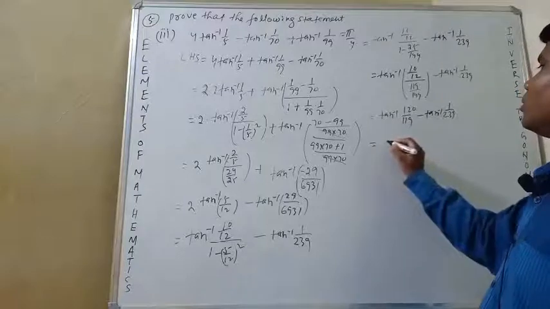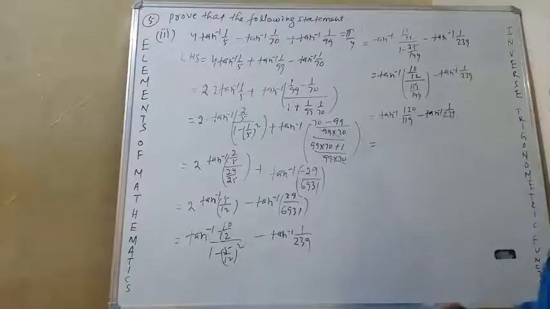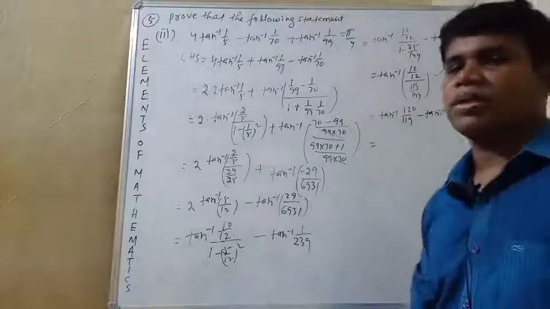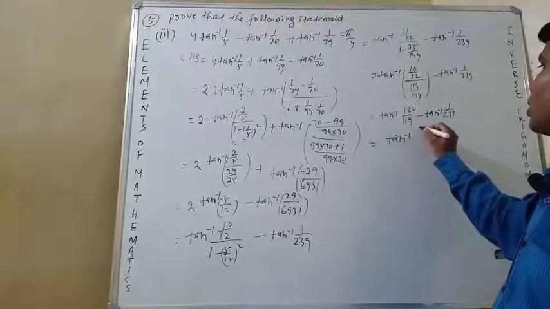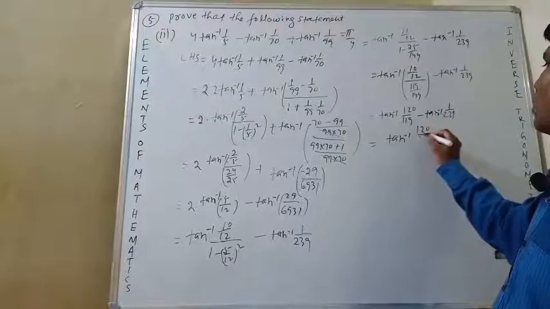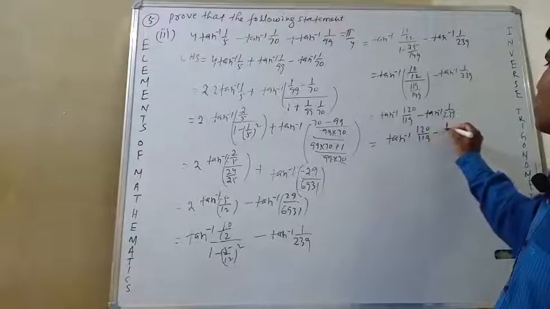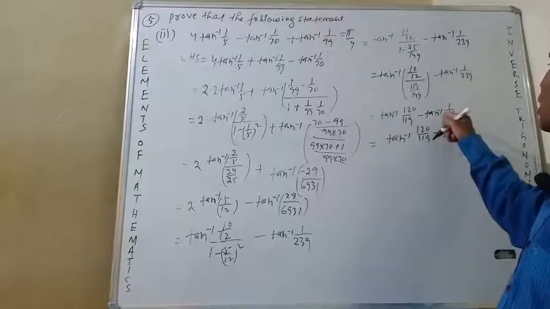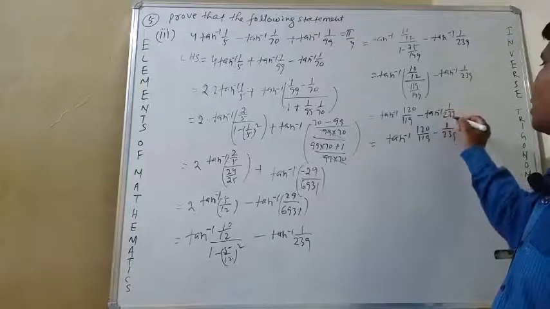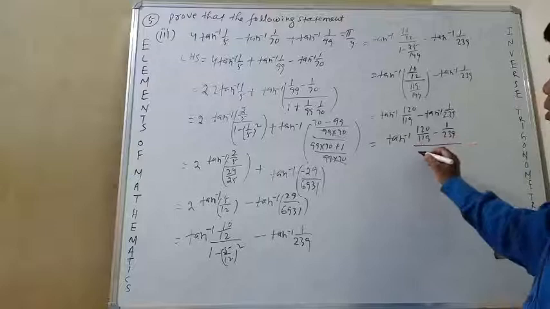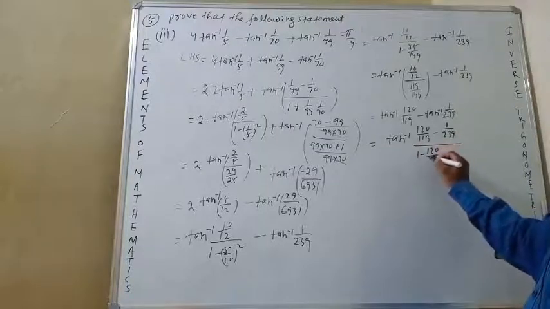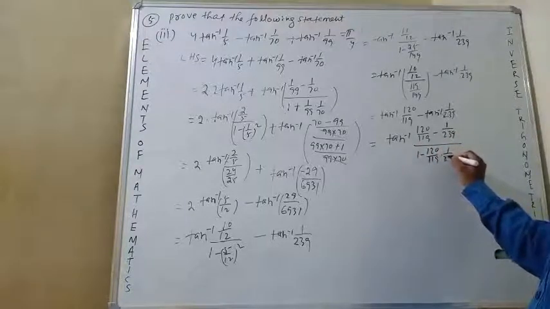Okay, you can apply tan inverse x minus tan inverse y, that is tan inverse of 120 by 119 minus 1 by 239, divided by 1 plus 120 by 119 into 1 by 239.